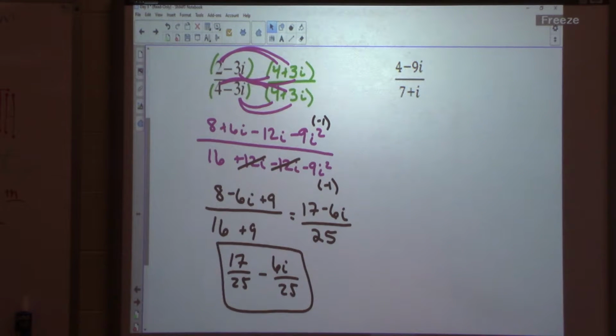Why is it negative? i squared always turns into negative 1. But if I do minus the negative 1, then why is it positive?